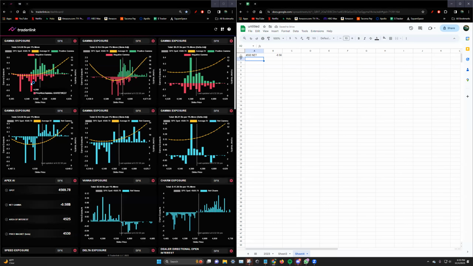Now we take this one at 50. 45.50 split red is minus 0.64, and split green is 0.07.